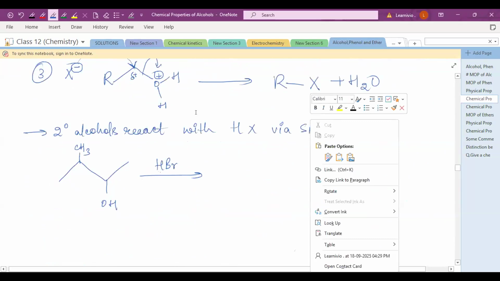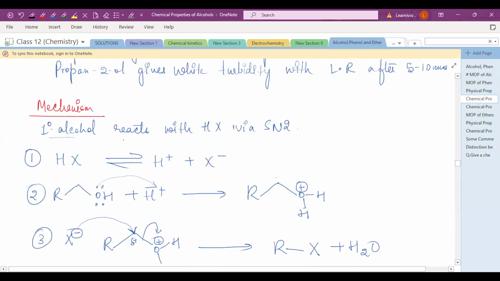Okay, let's understand the mechanism of this. So primary alcohol reacts with HX, means halogen acid, via SN2 mechanism, right? So the SN2 mechanism, you know very well, is a one-step mechanism, but I have written it here in three steps to make it very clear step by step.